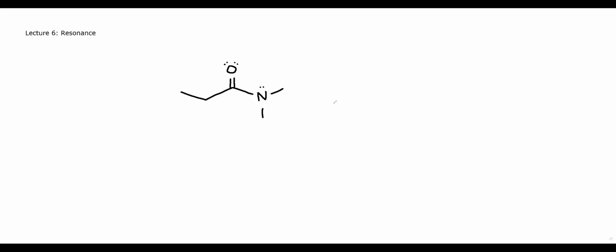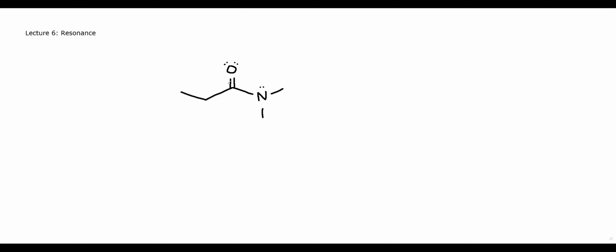We have a lone pair adjacent to a double bond, right? So that would be number 1 on our list that we made last time. We have a lone pair adjacent to a double bond. And we also have a double bond between two atoms of differing electronegativity, right? We have a polar double bond. So we have a couple different resonance structures we could draw here.